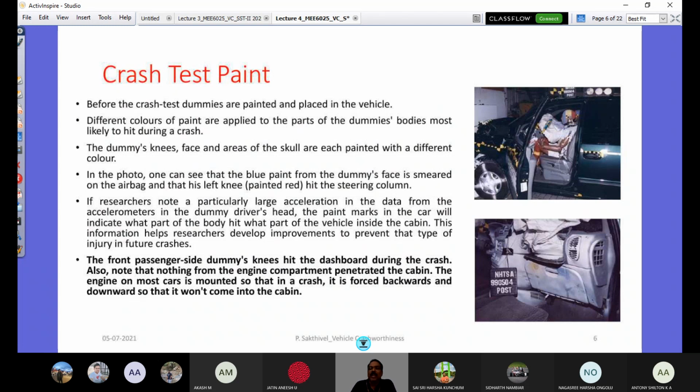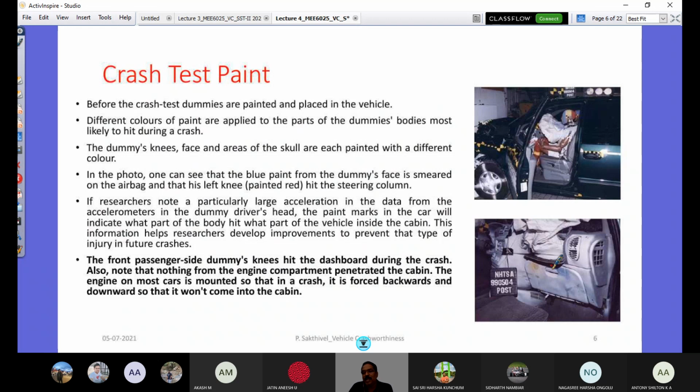So different colors of paint have been applied onto the dummies. In the photo, one can see that the blue paint from the dummy's face is smeared on the airbag, and the left knee painted in red hits the steering column.